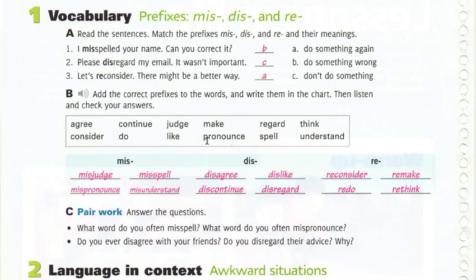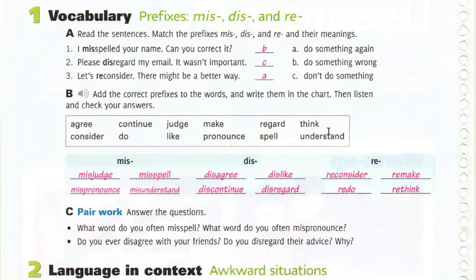Okay, so the vocabulary words are agree, consider, continue, do, judge, like, make, pronounce, regard, spell, think, and understand.